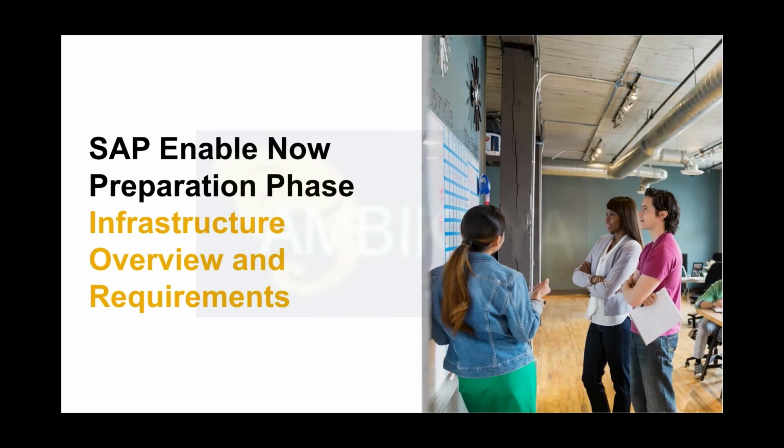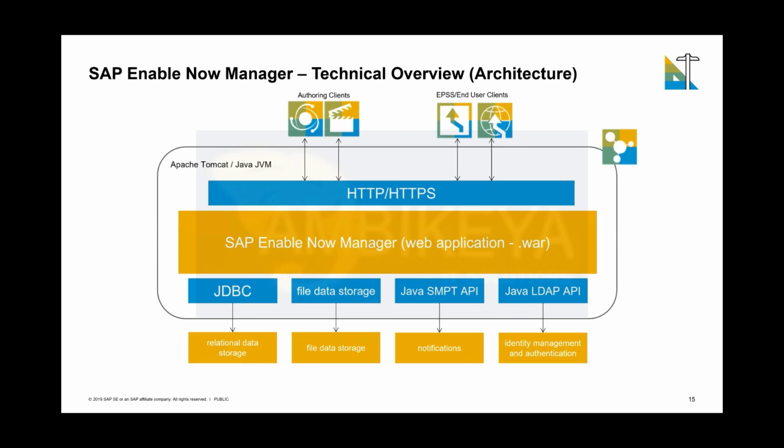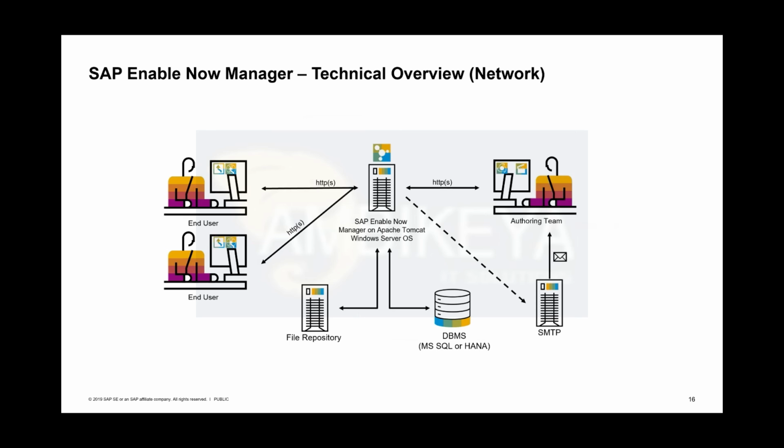And then we go into details, infrastructures. What is the overall infrastructure of Enable Now from a server perspective, the technical overview, how are the single components stick together, which APIs are used, high-level technical overviews from a network perspective. There we can discuss encryption requirements.